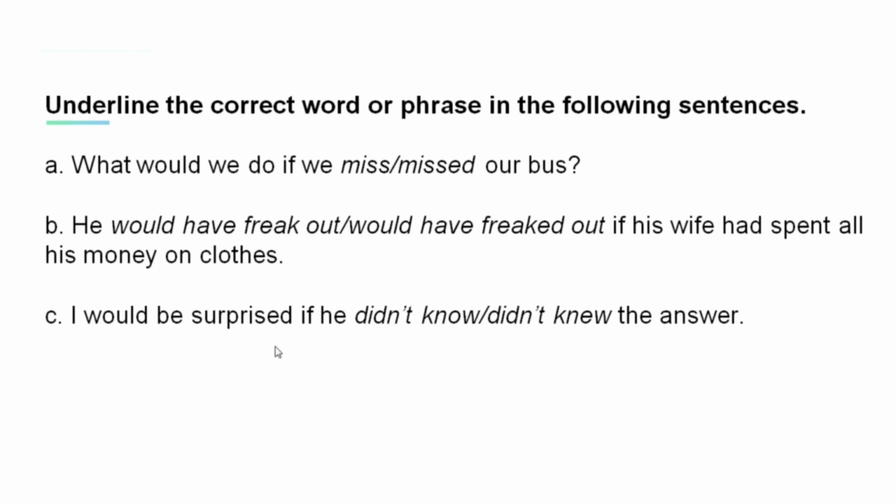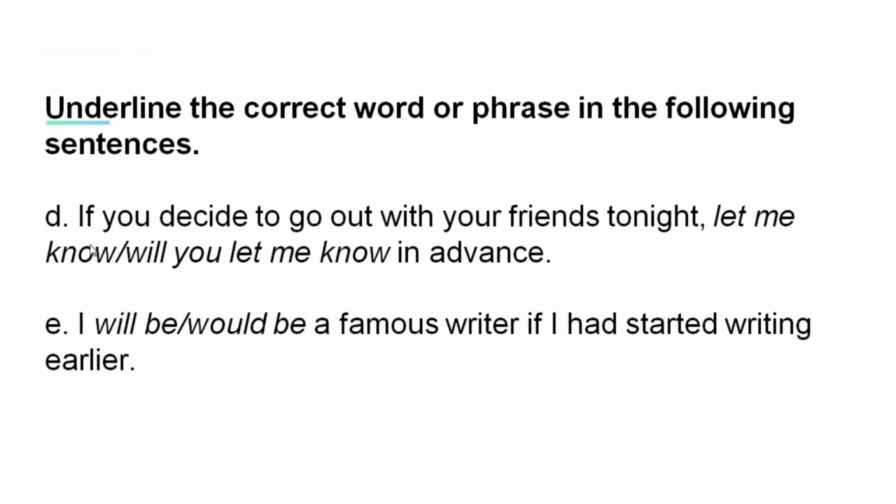C. I would be surprised if he didn't knew the answer. D. If you decide to go out with your friends tonight, let me know. Will you let me know in advance? E. I would be a famous writer if I had started writing earlier.